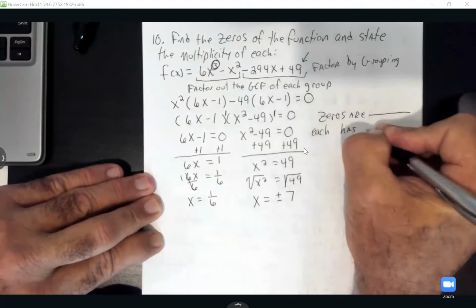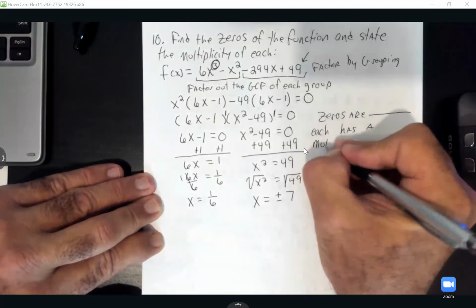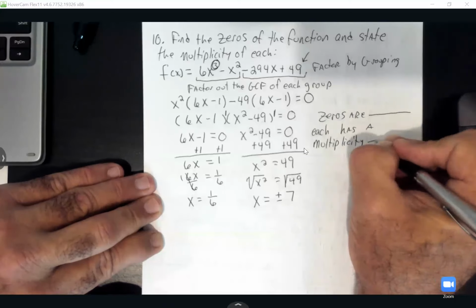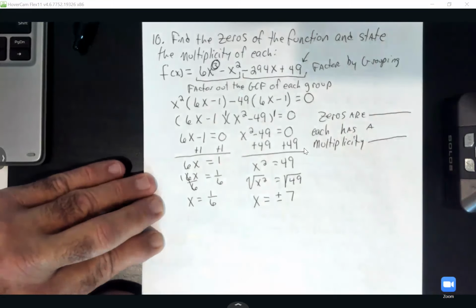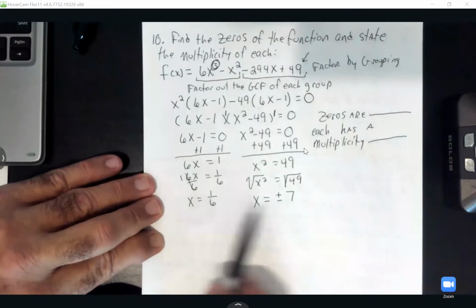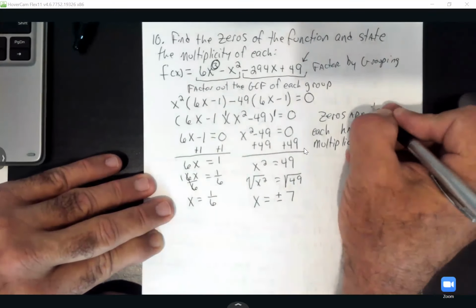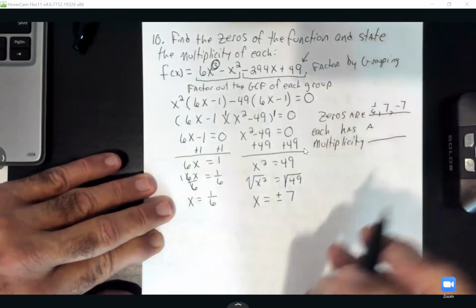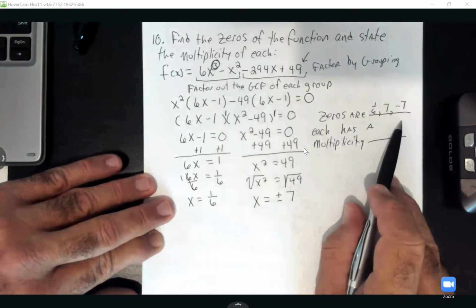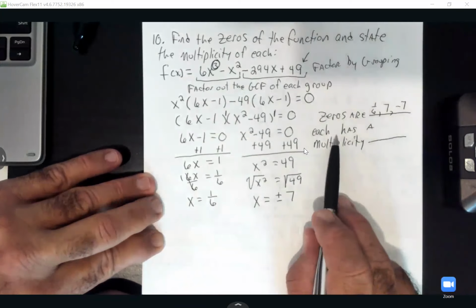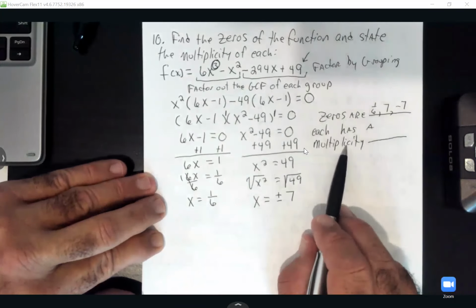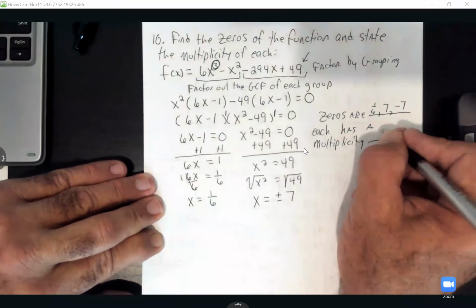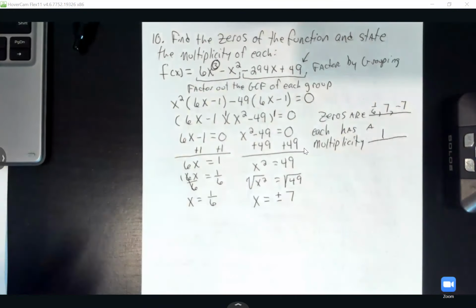Each has a multiplicity of blank. So your 3 zeros are your 3 answers you got. You got me a 1/6, and a 7, and a -7. And we said each of these has a multiplicity of, the exponent we had to write up here was a 1.